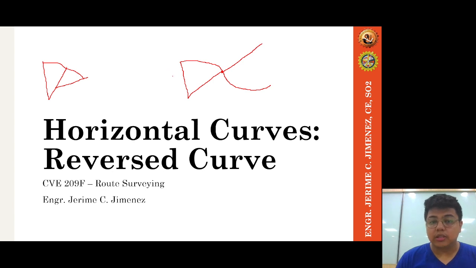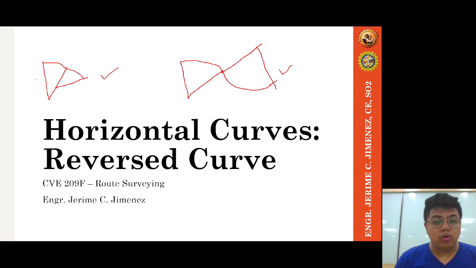Later on, i-discuss natin kung ano ba yung mga definitions or ano yung mga elements considering the reverse curvature. Okay? Then, ito naman yung next radius. So, almost ganyan din ang itsura ng ating compound curve. Wherein, si compound curve, nasa isang direction lang siya.